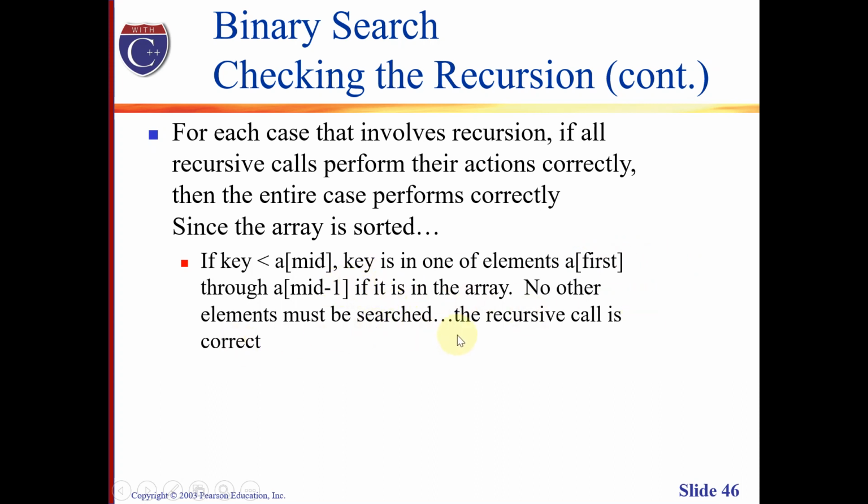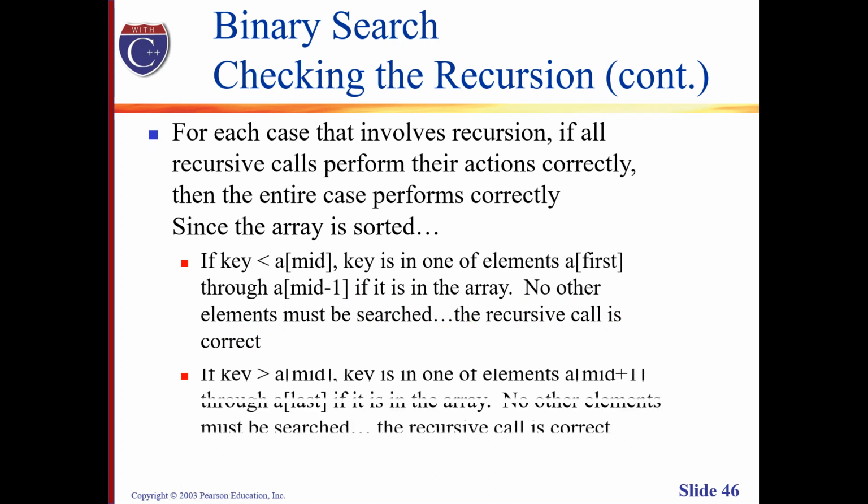No other elements must be searched and the recursive call is correct. On the other hand, if key is greater than the middle element, then the key is in one of the elements in the upper half of our array. No other elements must be searched and the recursive call is therefore correct.